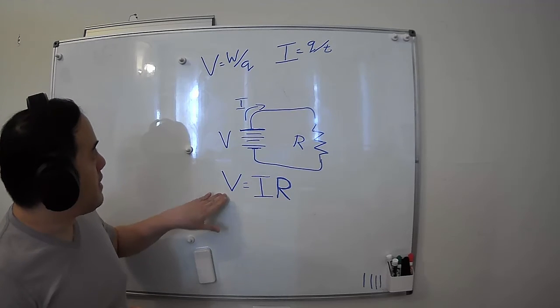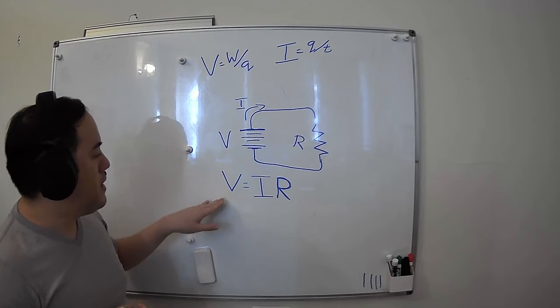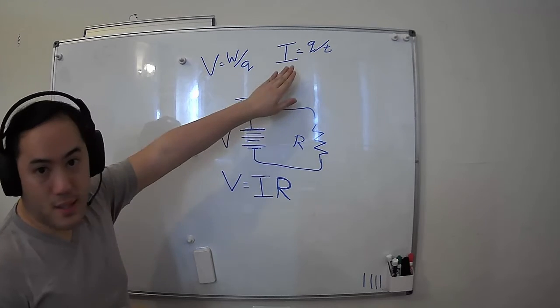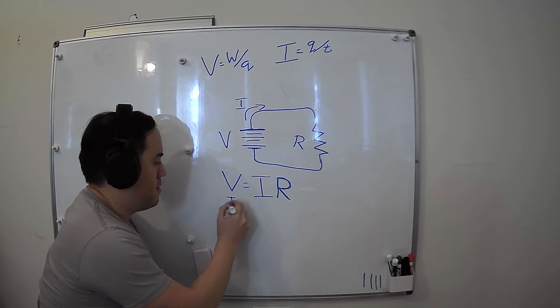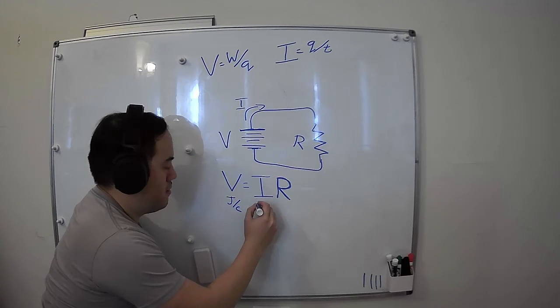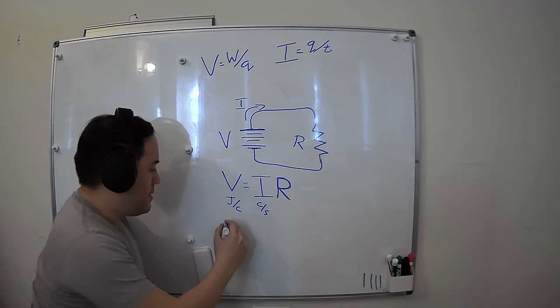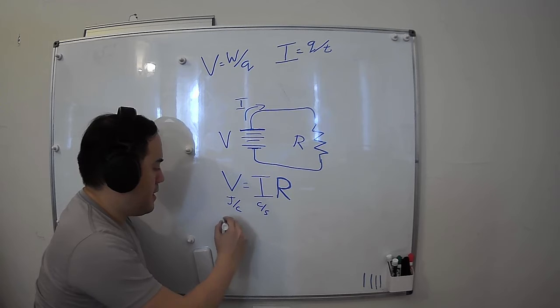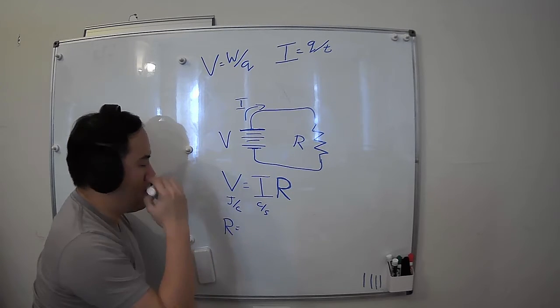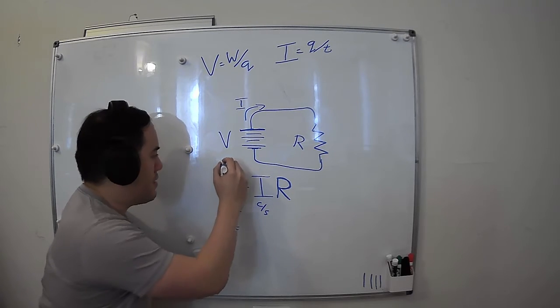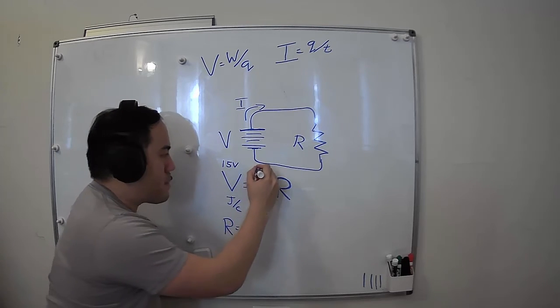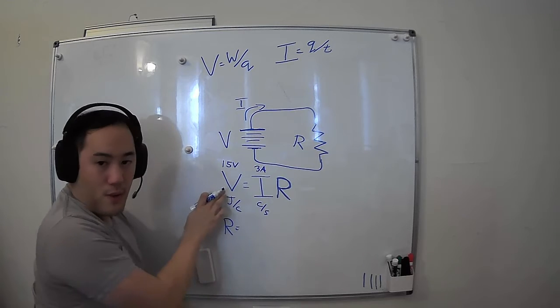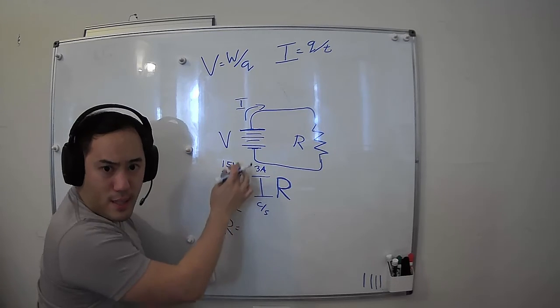Since V is in volts or joules per coulomb, and I is in amps or coulombs per second, we get some very weird units. That means resistance. Let's keep it easy. Let's say I have a 3 amp current from a 15 volt voltage. R must be 5.